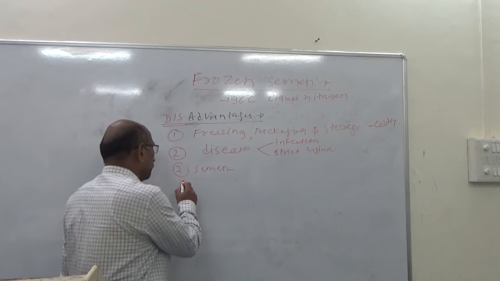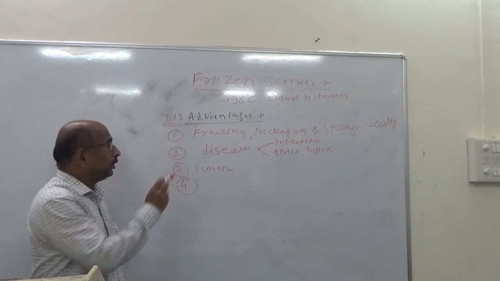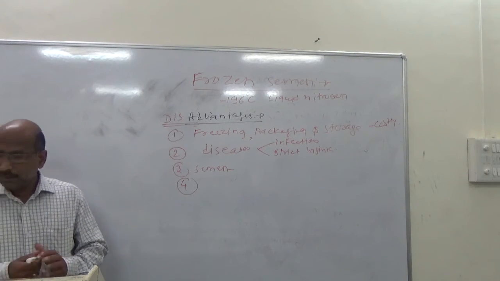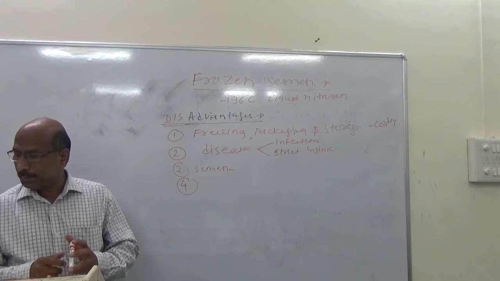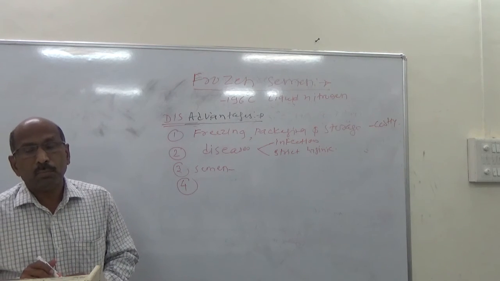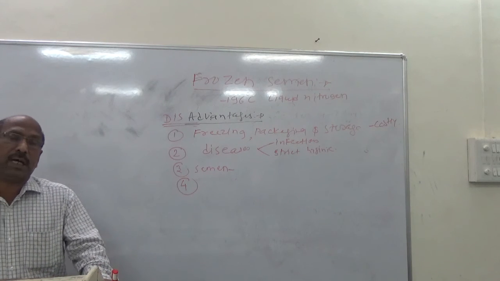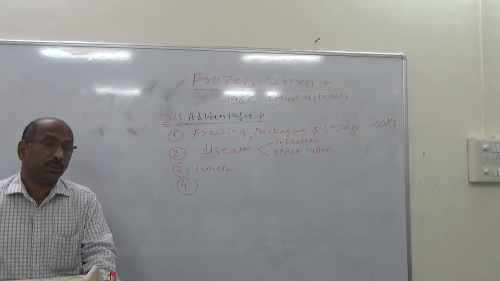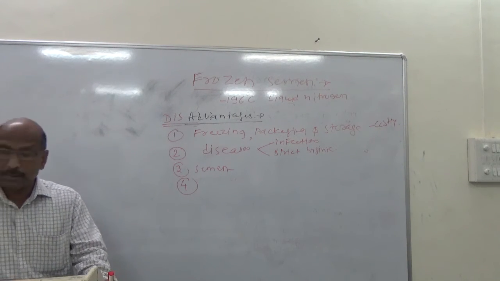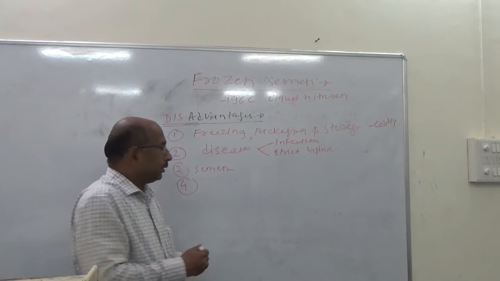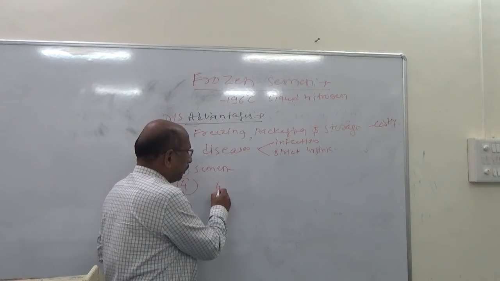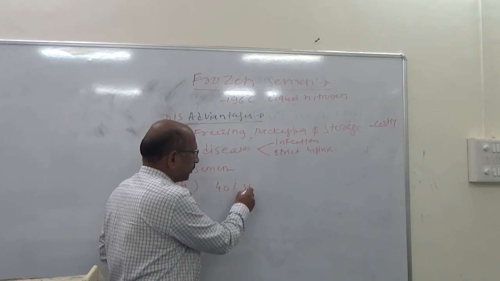And the fourth disadvantage of frozen semen: a greater number of spermatozoa per insemination are required, because the freezing process kills about 40% of spermatozoa.